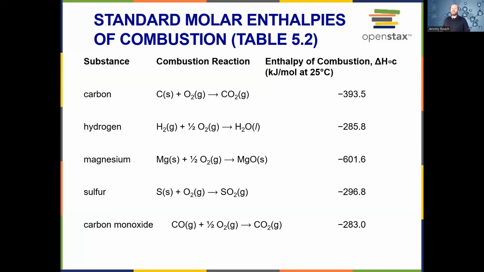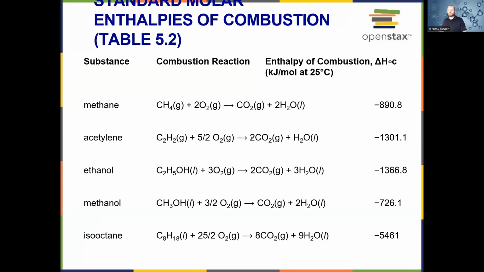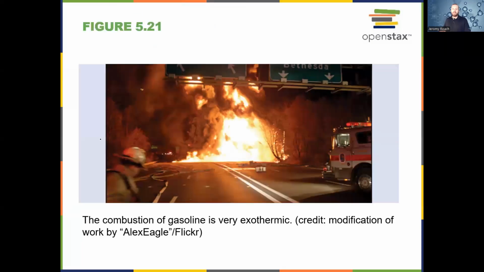This is a combustion reaction, so we use enthalpy of combustion. And we have these values for the others as well. These values are key when we're comparing the energy output of these different fuels. And we also have values for other common combustion reactions of methane, acetylene, ethanol, isooctane.